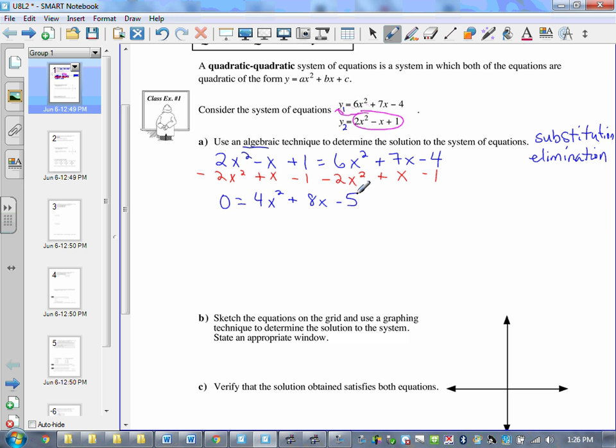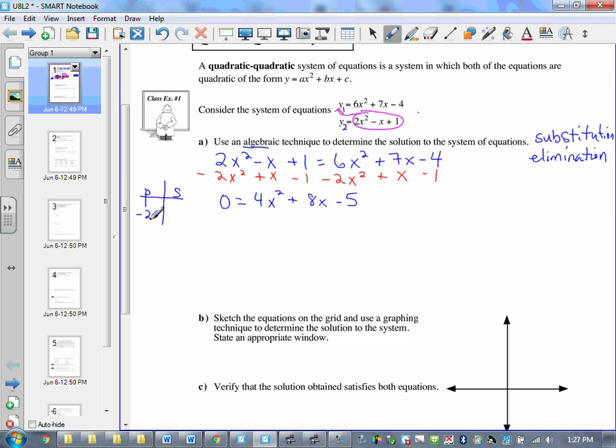So now we've got that case where our leading coefficient is not 1. So this is a good review for our other method of factoring. We're still going to figure out what our product and our sum are. Nathan, what's our product? Negative 20.